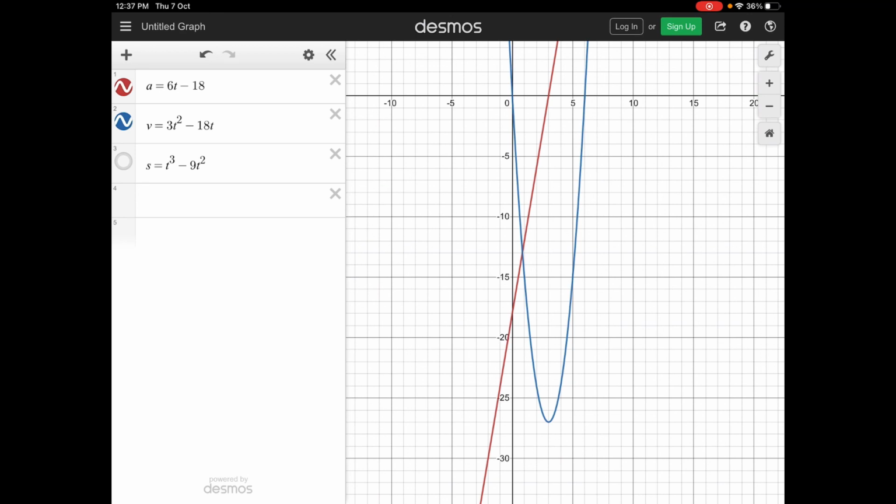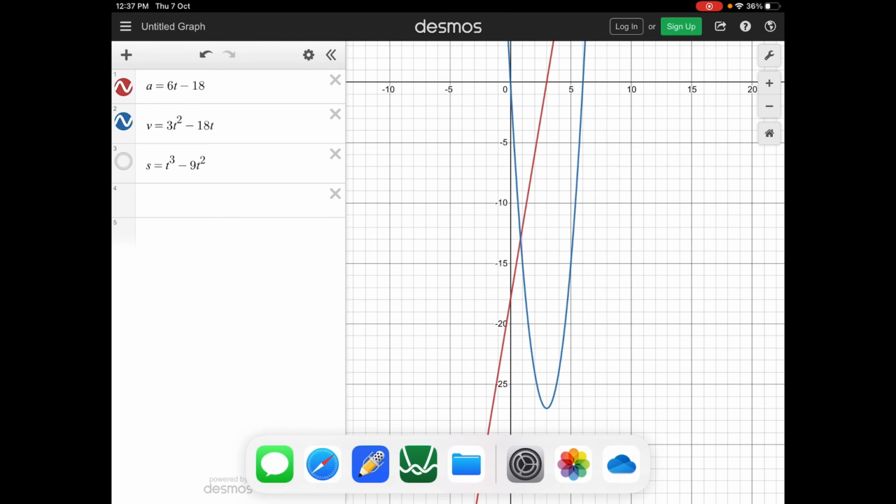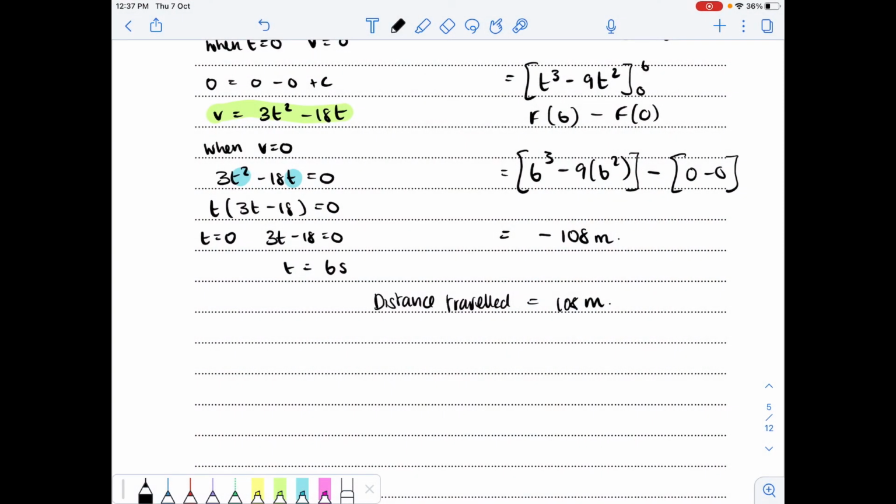Since our y-coordinate is below the x-axis, we get a negative area. But distance isn't interested in whether it is negative or positive. Distance is always positive, so you need to remember that. If you don't change that to a positive number, you will lose the mark.